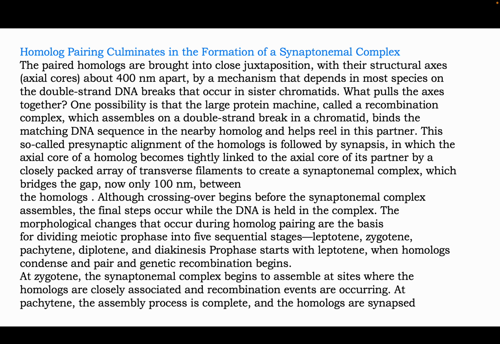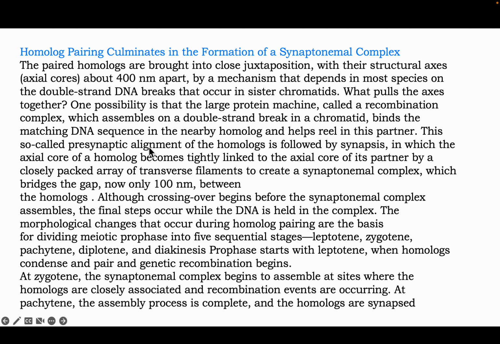So now the question is, what pulls these axes together? One possibility is that a large protein machine called a recombination complex, which assembles on a double-strand break in a chromatid, binds the matching DNA sequence on the nearby homologue and helps reel in this partner.